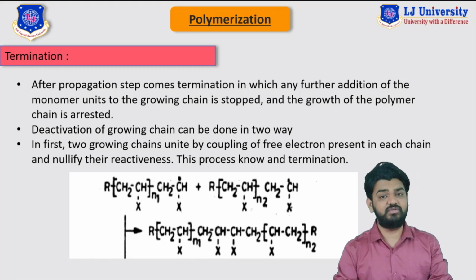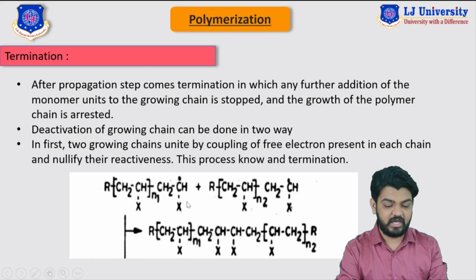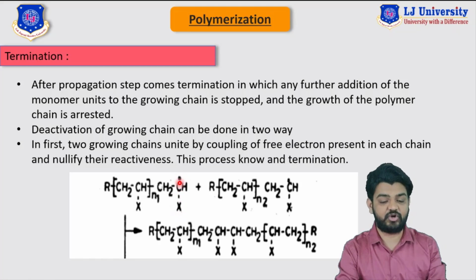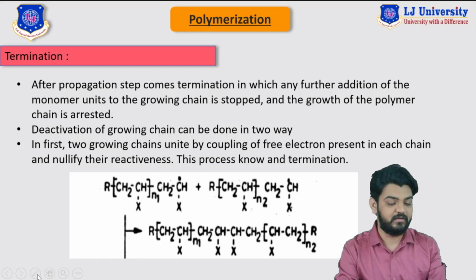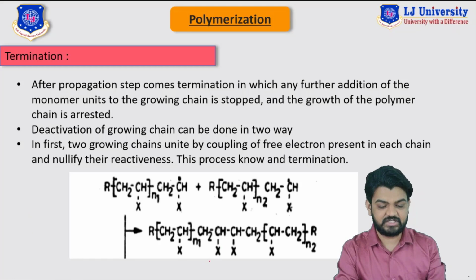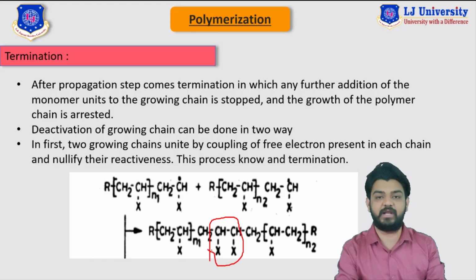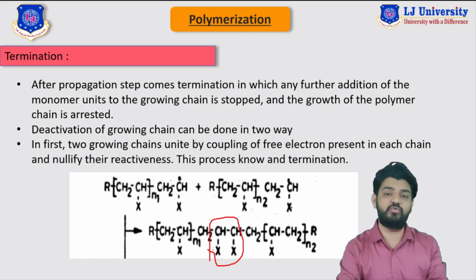Let's see how this actually happens. See here, this CH-X compound has one free electron, and this CH-X compound also has a free electron. When they merge together, you can see in this particular section that both compounds have merged with each other by making one bond and donating one electron to each other.